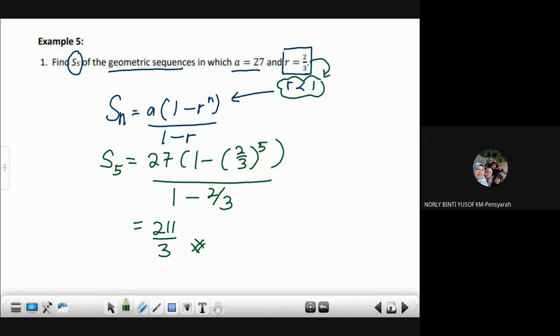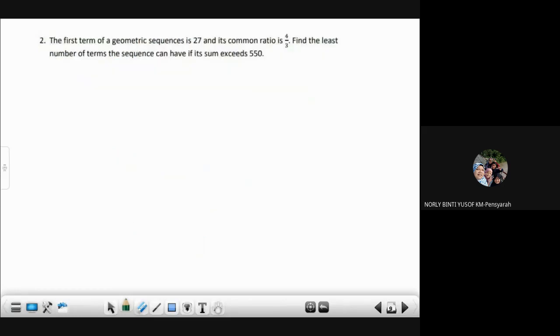Okay, and then we look at the second example. The first term of a geometric sequence, first term T1, that is A, of the geometric sequence is 27, and its common ratio R equals 4/3. Read the question, extract the information.